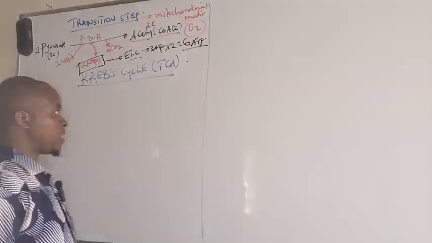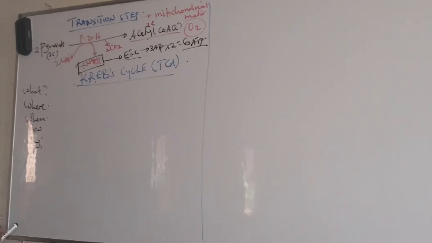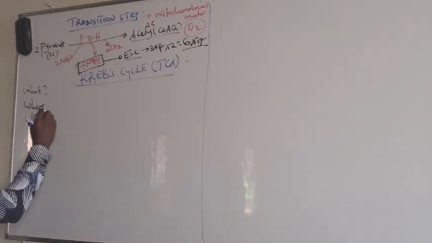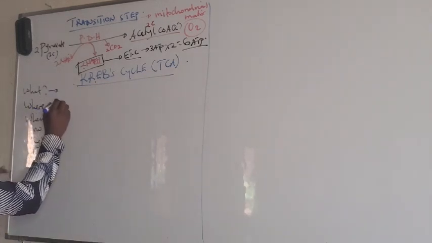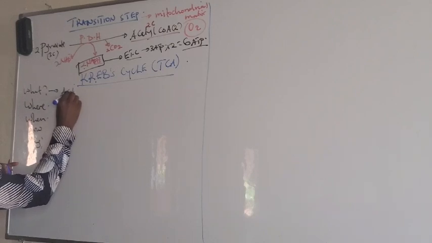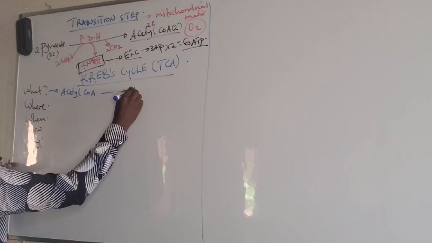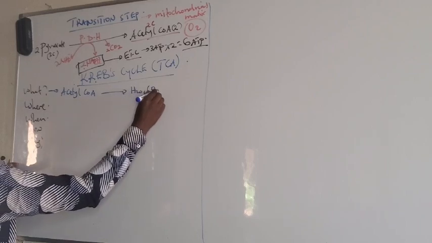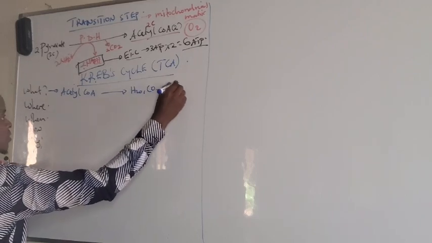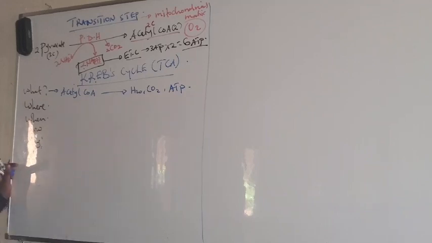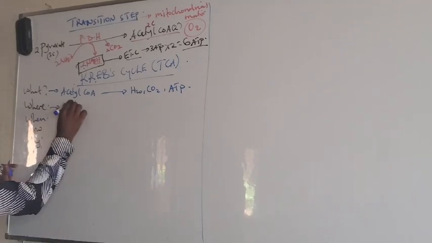So what is the Krebs cycle? The Krebs cycle is a series of chemical reactions whereby acetyl coenzyme A is converted to water and carbon dioxide with the release of ATP. It occurs in the mitochondrial matrix.